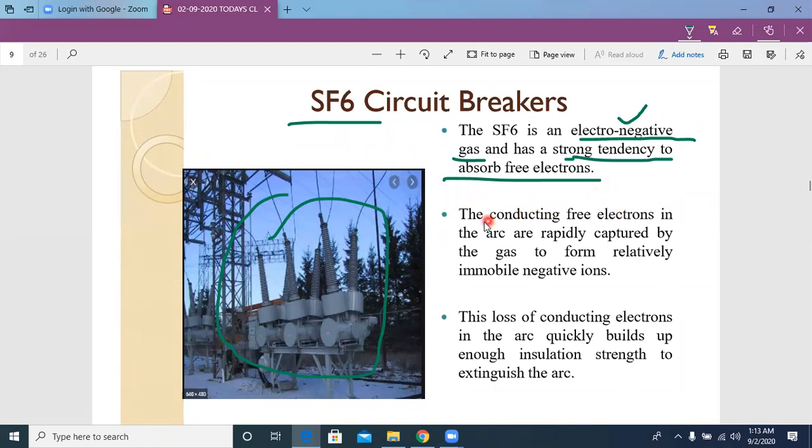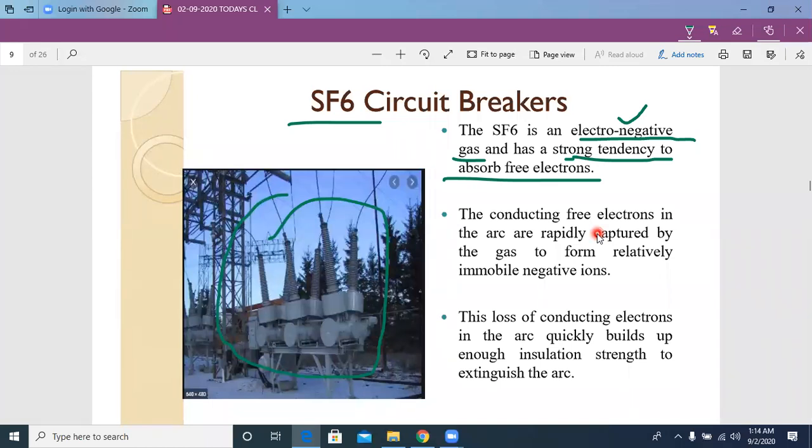Now let's see. In the same way as air blast, here also we place SF6 in a reservoir, and when an arc is struck between the contacts, the reservoir valve is opened. When the reservoir valve opens, SF6 comes to the arc chamber and absorbs the free electrons between the contacts.